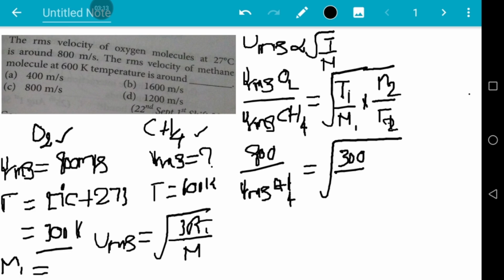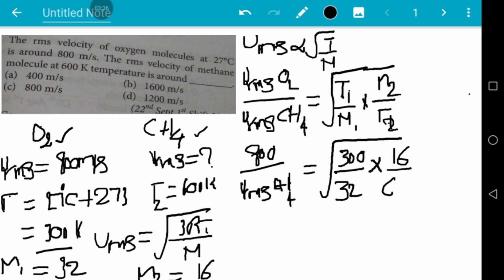One oxygen atom is 16, so O2 is 32. Into M2, the mass of CH4, that is carbon 12 plus 4 hydrogens, which is 16, by T2, the CH4 temperature, that is 600 Kelvin.